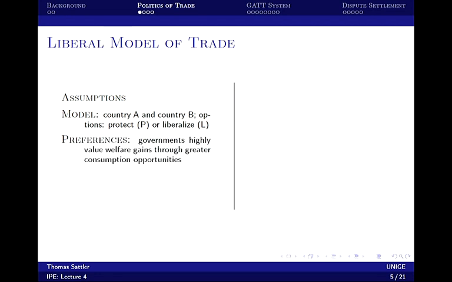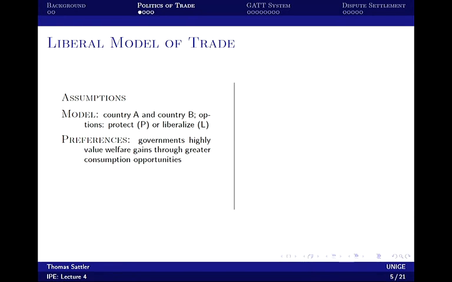And by a liberal story, the government should value trade really highly because it brings us welfare gains because citizens can consume more, right? So if you live with this mindset, what would be the best outcome? We might now make a preference order.